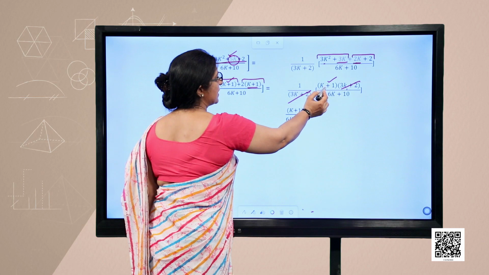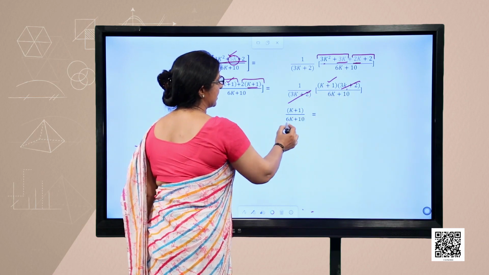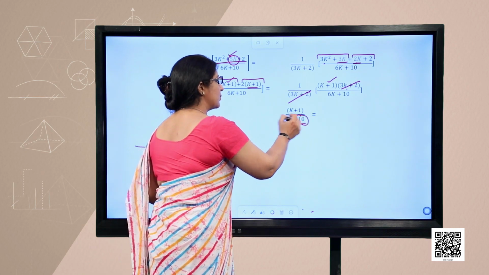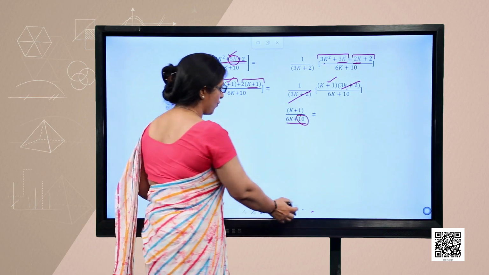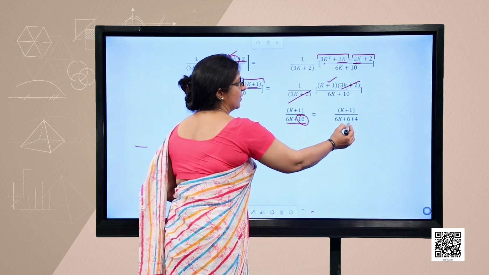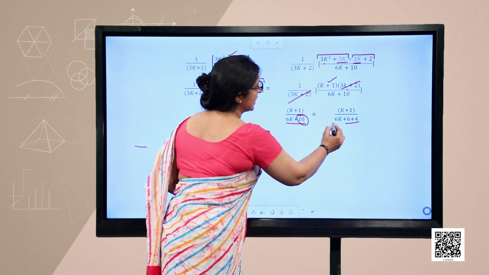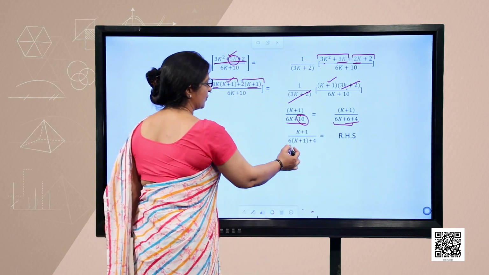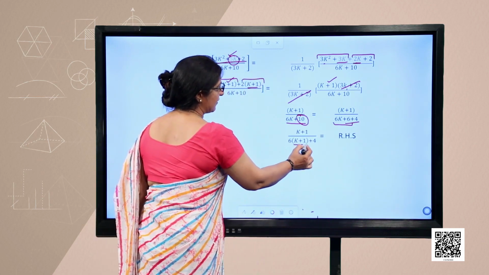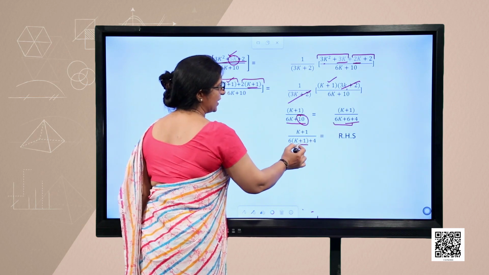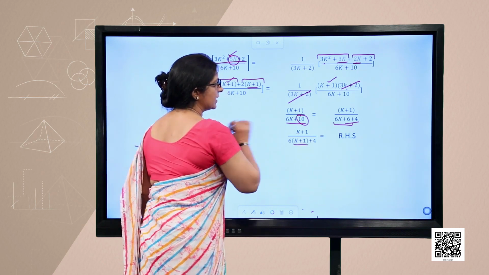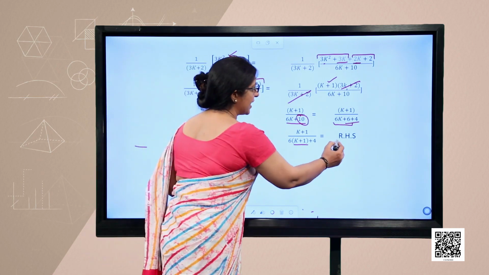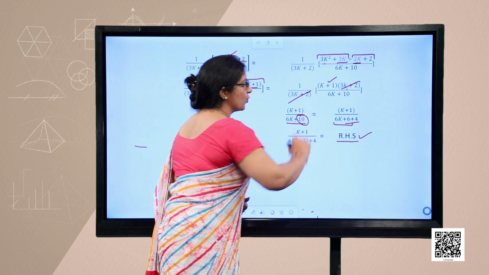We get k plus 1 upon 6k plus 10, which can be further broken. This 10 can be further broken into 6 plus 4 like this. Now we can take 6 common from these two terms. As you can see, after taking 6 common, we are left with k plus 1 in the denominator plus 4, and in the numerator we already have k plus 1, which is nothing but the right hand side, which is to be proved.